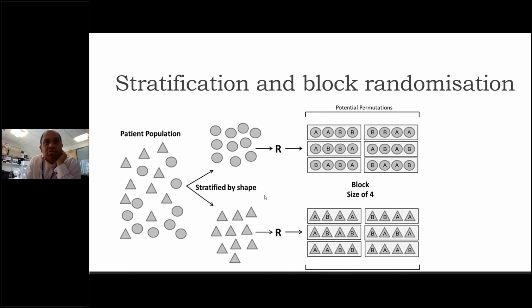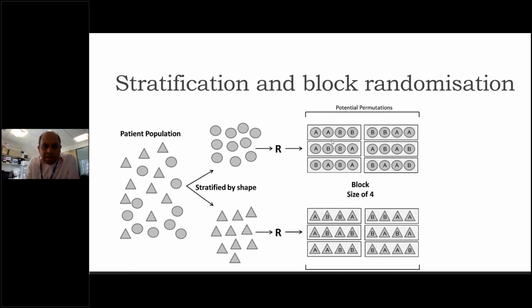These are two methods to help you with smaller numbers of patients to randomize patients appropriately into the same category. So this is an example. You've got triangles and ovals as the patient population in general. You stratify them by shape, so take the ovals and take the triangles, and then randomize within that group into blocks.